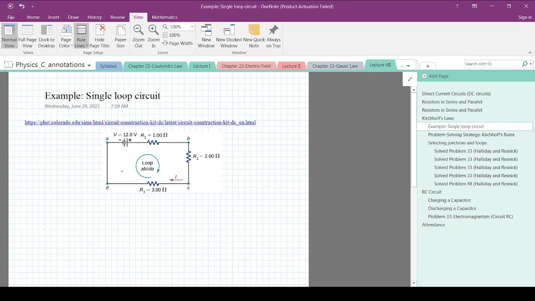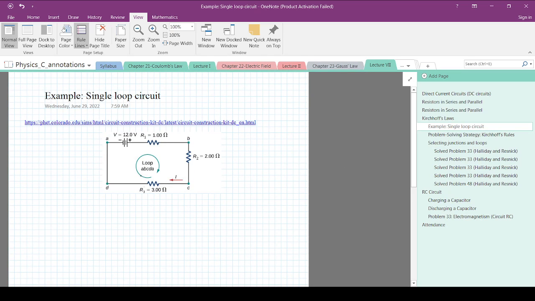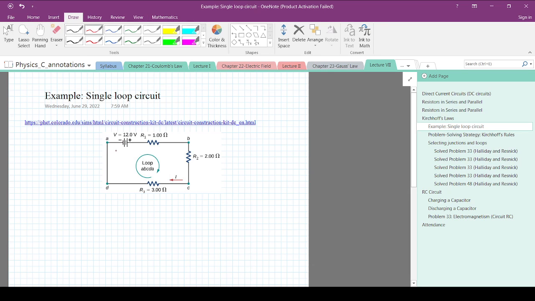It's saying that for every closed loop here, the summation of these potentials is zero. We can write for this one: you can start at point A and go clockwise to point A again, it should be a closed loop, remember this.